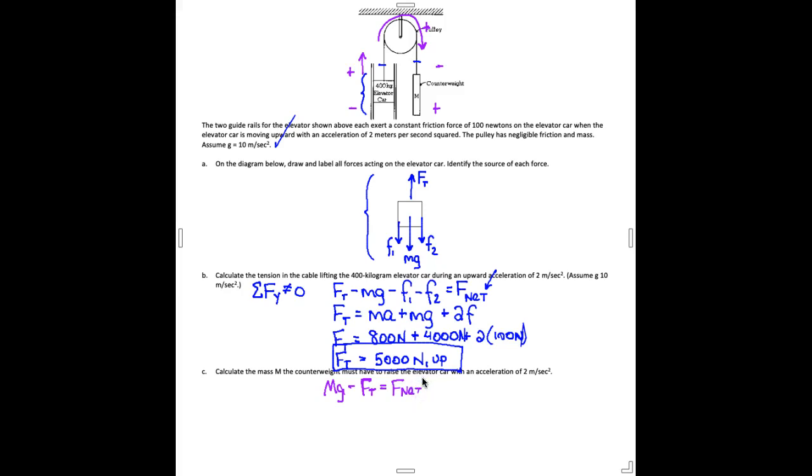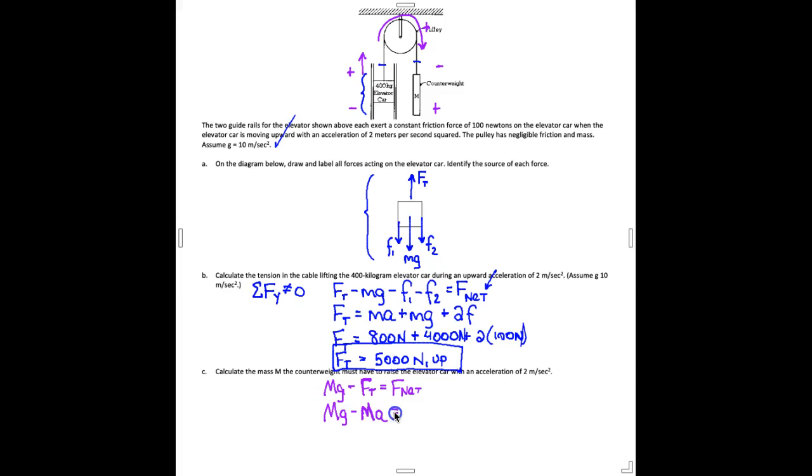So mg minus Ft is equal to F net. Now I can solve this for Ft by adding Ft to both sides and subtracting F net from both sides. That becomes m times g. When I subtract F net, I'm going to replace it with Ma. Now, this should be a capital M, that's the mass of the counterweight times the acceleration of the counterweight.